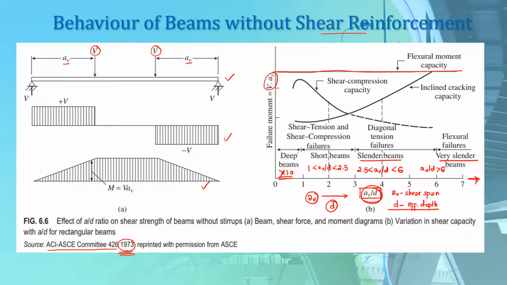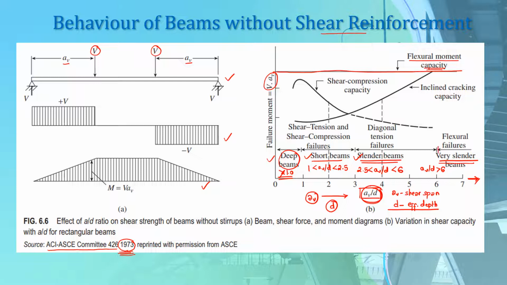These are the very short beams, which are also known as deep beams. These are short beams, these are slender beams, and these are the very slender beams. For the first three types of beams, that is deep beams, short beams, and slender beams, the beam is not able to reach the full flexural moment capacity because it fails in shear before it can reach the flexural moment capacity, and that is not one of our desired conditions while designing such beams.